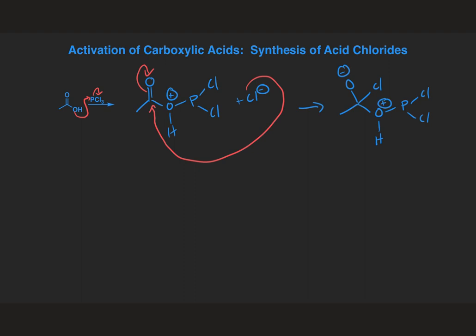And this tetrahedral intermediate will collapse to kick off this compound here. And that is another good way to form acid chlorides from carboxylic acids.